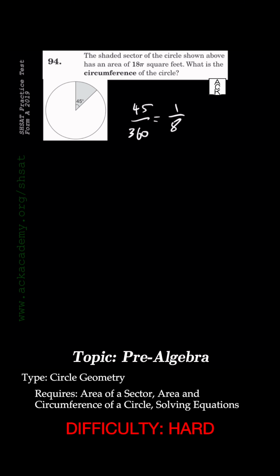And we should also know, what is the area of a circle? Area is equal to pi r squared.